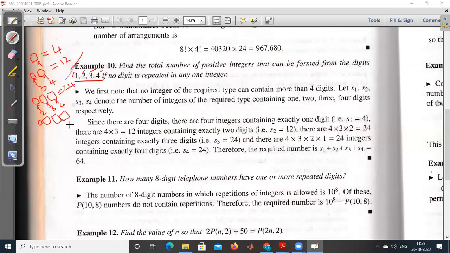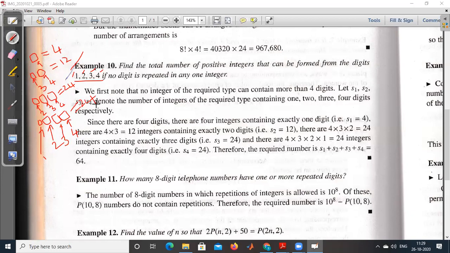Okay, so next four digit numbers. This can be filled in four ways. This can be filled in three ways. And this can be filled in two ways, and finally this can be filled in one way. So this is also 1 into 2 into 3 into 4, that equals 24.